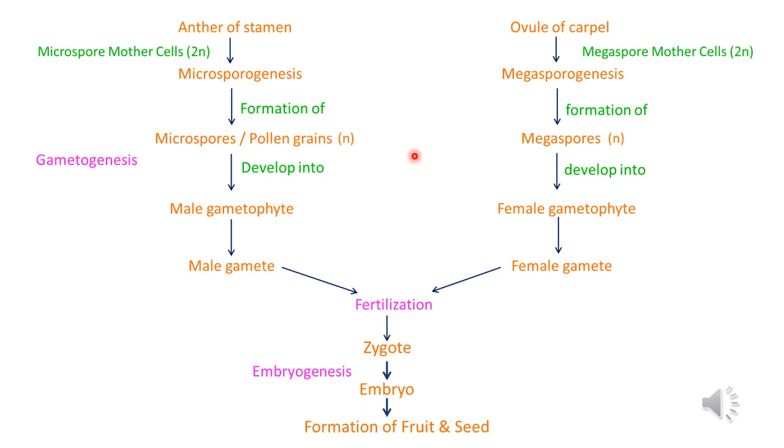Here we will discuss the outline of the process of sexual reproduction in plants. First we will start with the anther of the stamen. As I have discussed previously, the anther is a reproductive part of the androecium or stamen. Each anther at the younger stage consists of microspore mother cells.